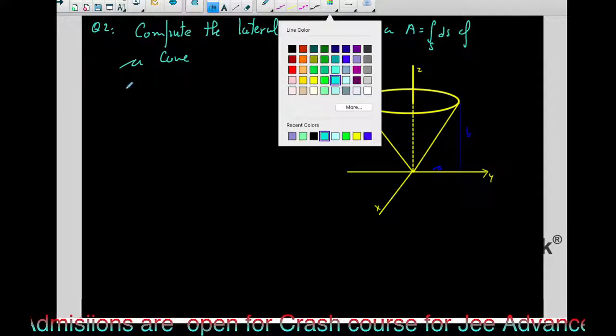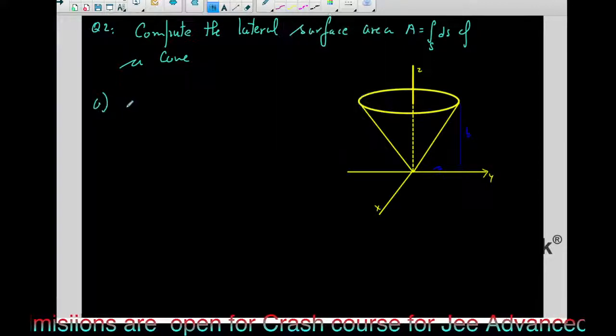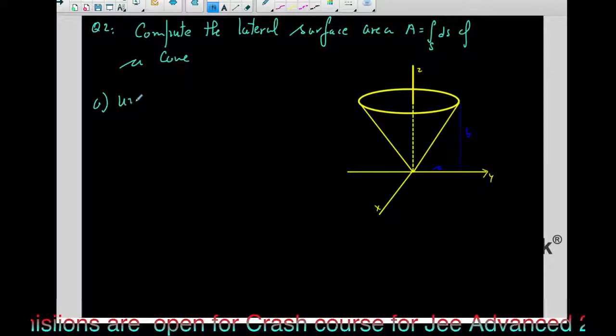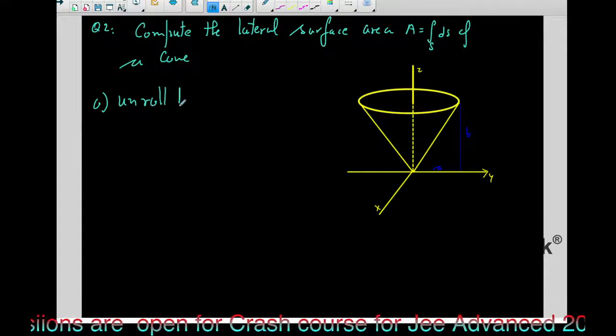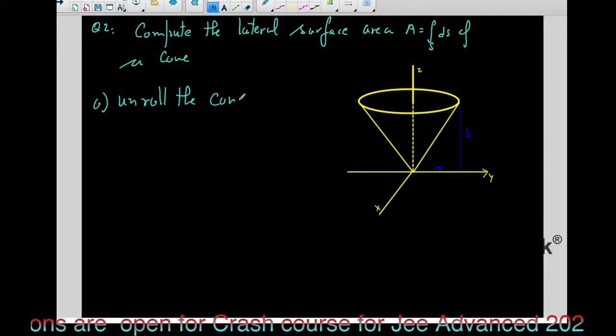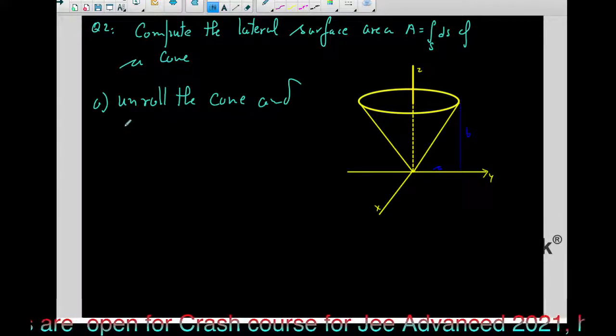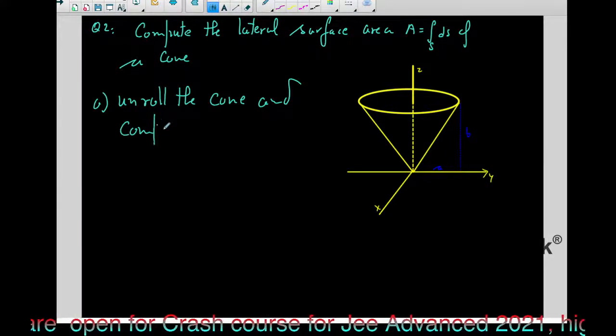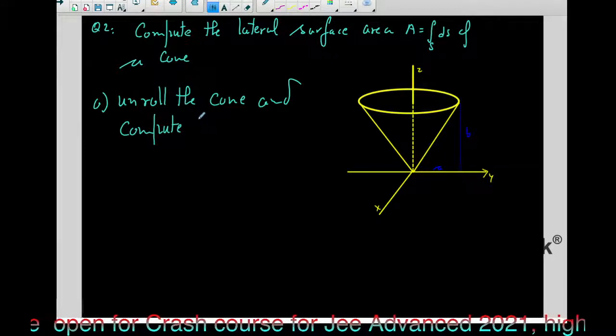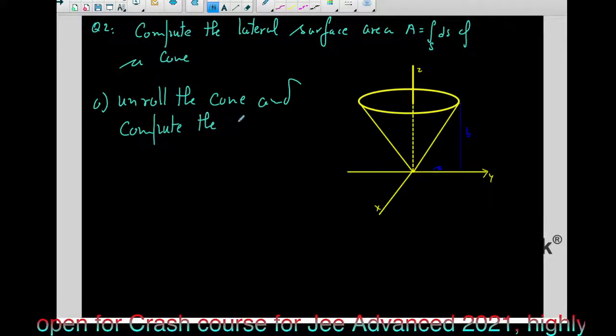For this cone, first you have to unroll the cone and compute the area of the resulting circular sector.